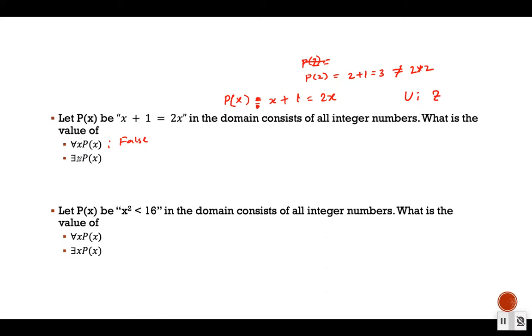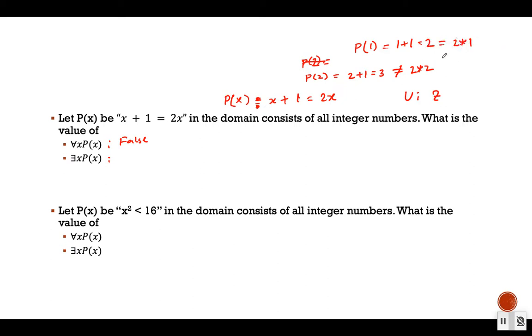Now, there exists an x for which this statement is true. If you find one value for which x + 1 = 2x, then this one is true. So let's find out P(1). 1 plus 1 is 2, which is the same as 2 times 1.